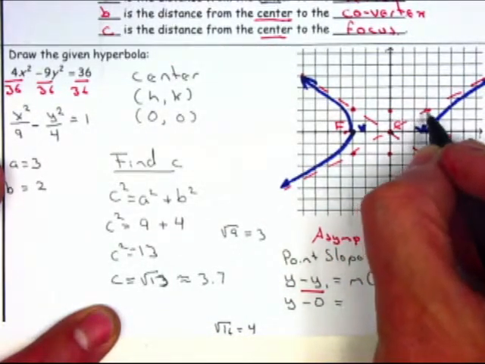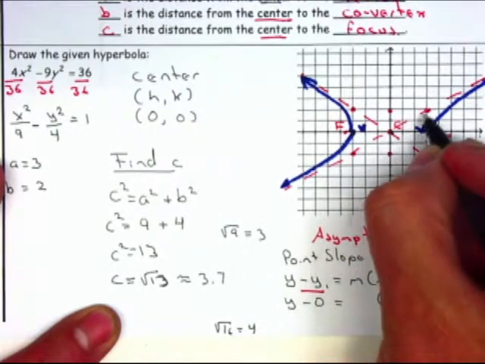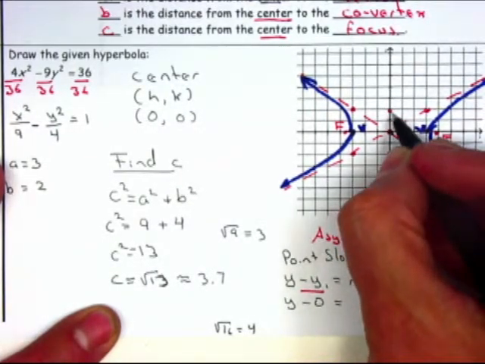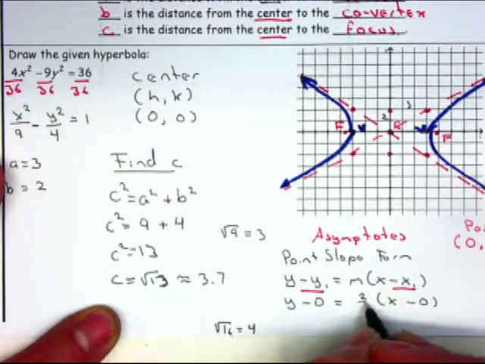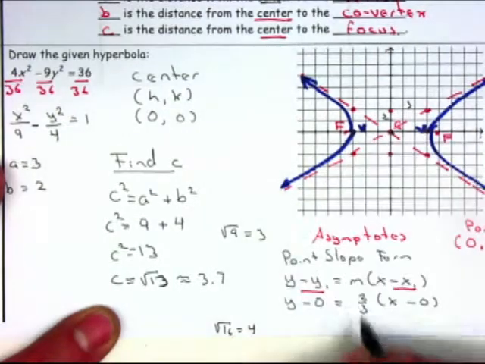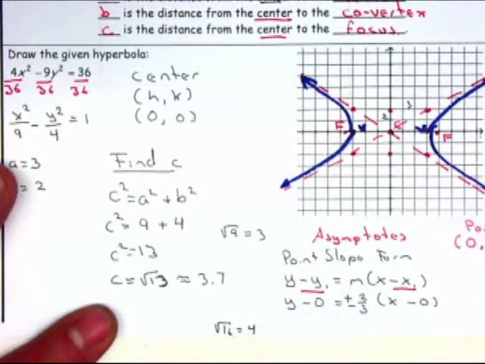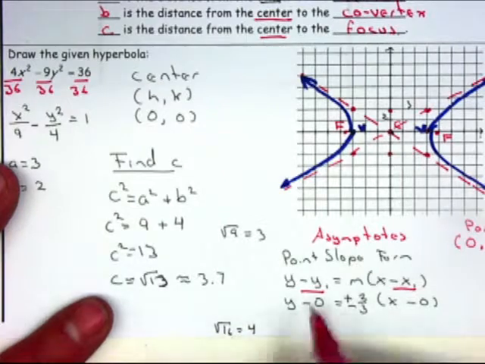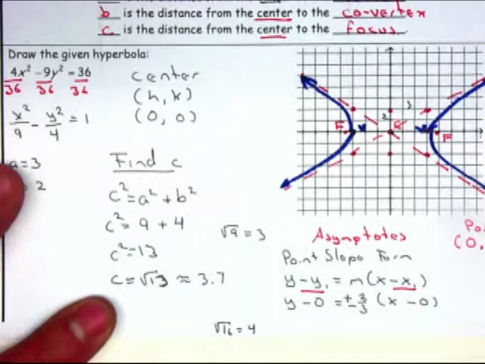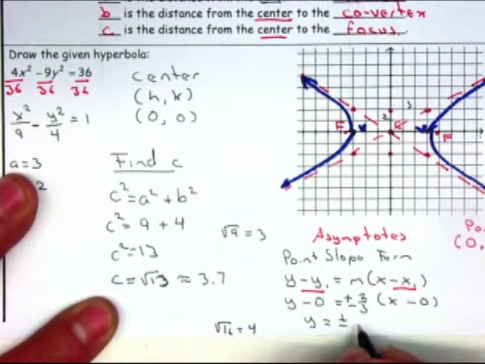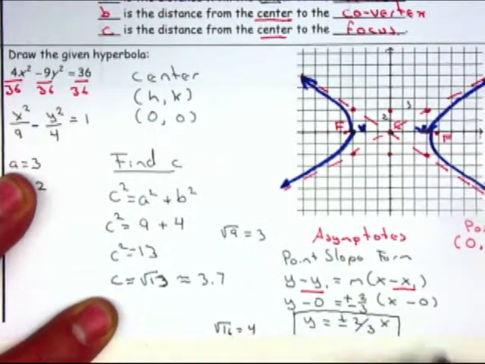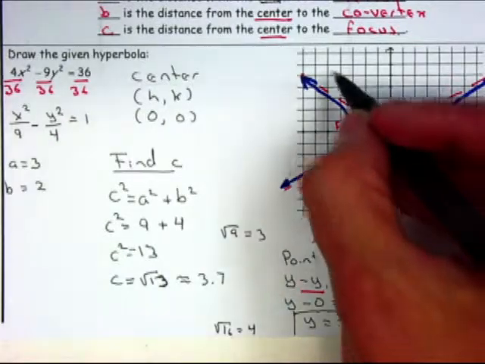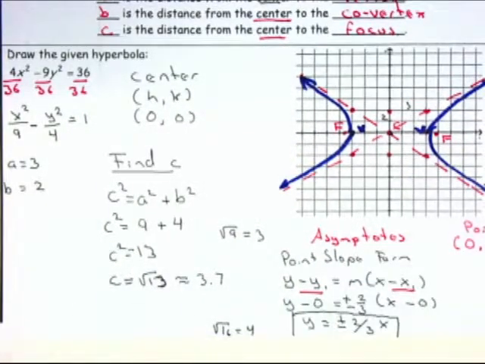So my slope of this line is 2 over 3, and if you notice, one of them is a positive slope and the other is a negative slope, so we're just going to do plus or minus. We really don't need the y minus 0, just y, so y is equal to plus or minus 2 over 3, and x minus 0 is just x. And this is the equation of the line: one with a positive slope, the other with a negative slope, for the asymptotes.